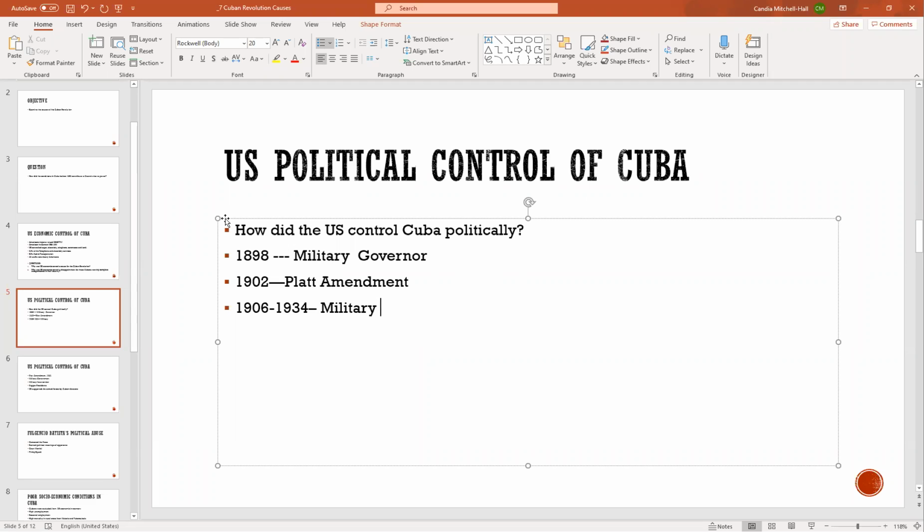And every time there was a problem in Cuba, they sent the military into Cuba. Go ahead, Bartley. Sir, wasn't another political thing that they controlled presidents, like the corruption was high in Cuba? Very good. So another point is that they controlled the presidents, what we call puppet presidents. So all the Cubans who were elected, they controlled them.